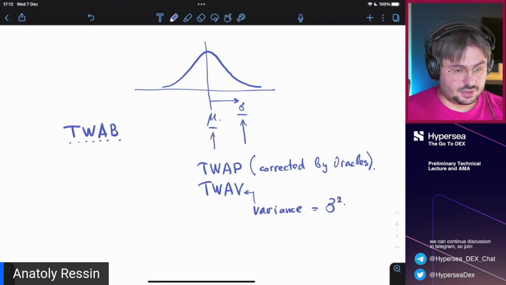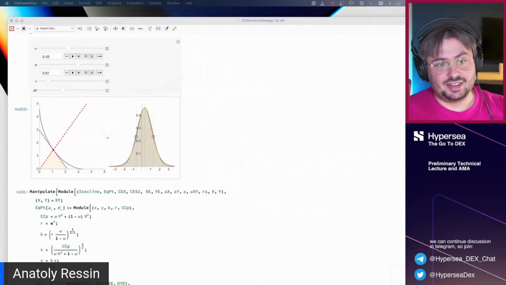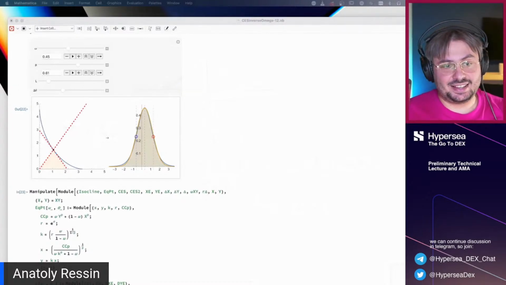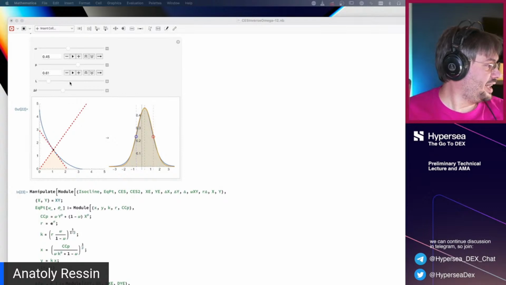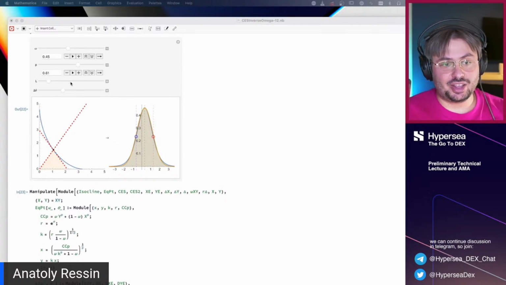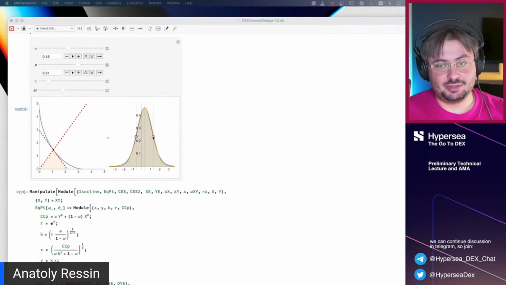This thing, so camera plus screen. That is exactly what we're doing. We are able to reconstruct the curve on the basis of knowing the standard deviation.